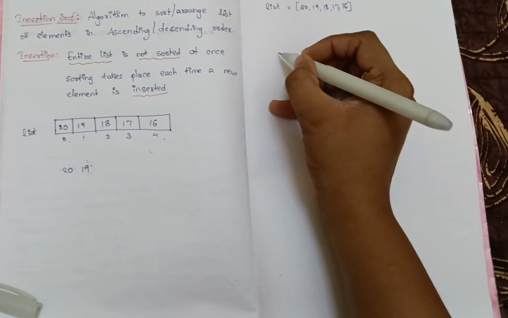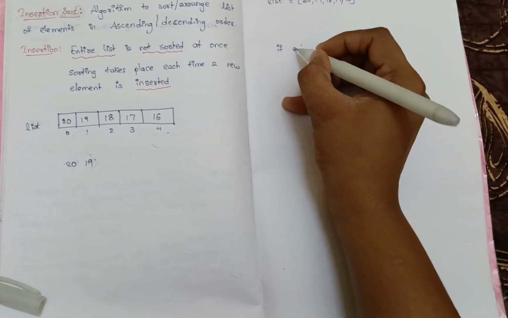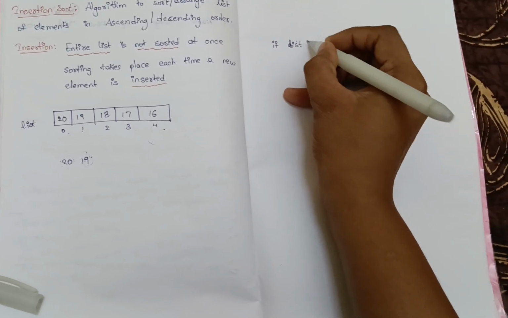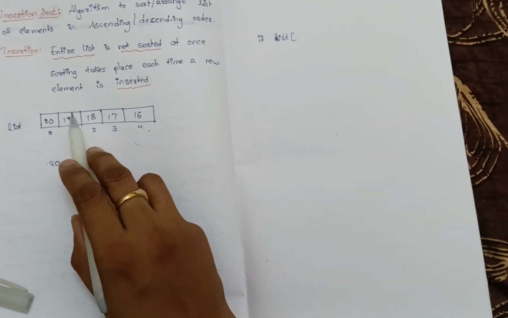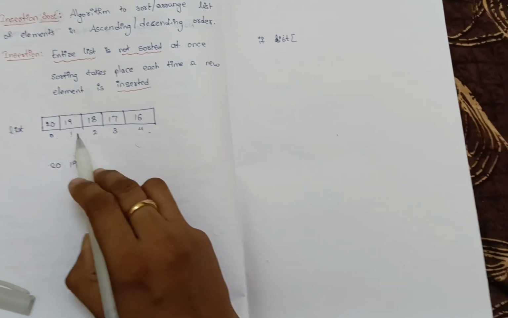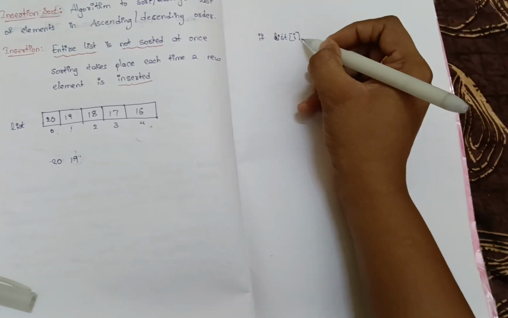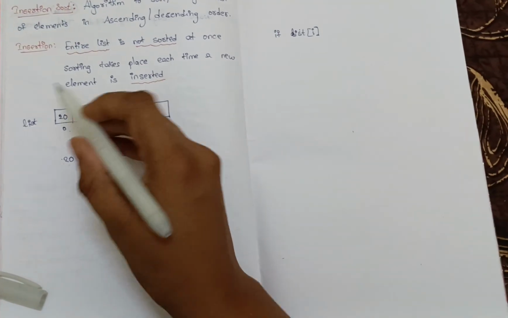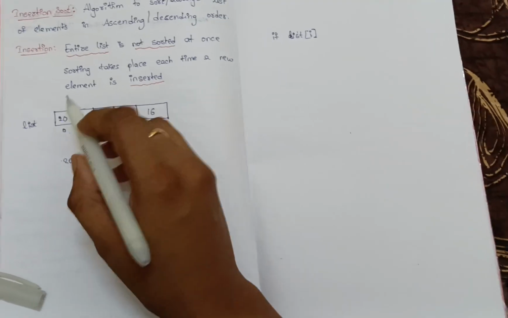Let me write the condition for that. I'm considering the second element's index as I. Then how do you compare it with the element present in the previous cell of the array?